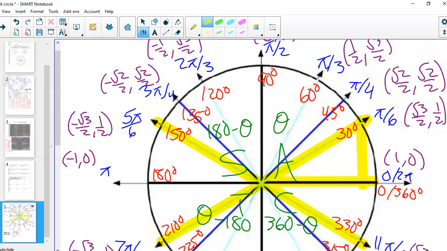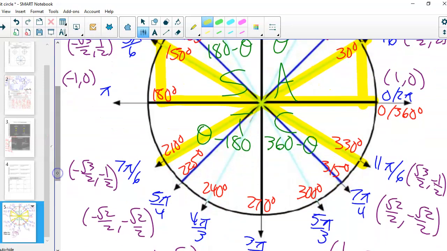So if we flip that triangle, it would make sense that our x is now negative, but our y is positive. If we flip that triangle again, it would make sense that x and y are both negative. If we flip that triangle just here, it would make sense that our x is positive, but our y is negative.